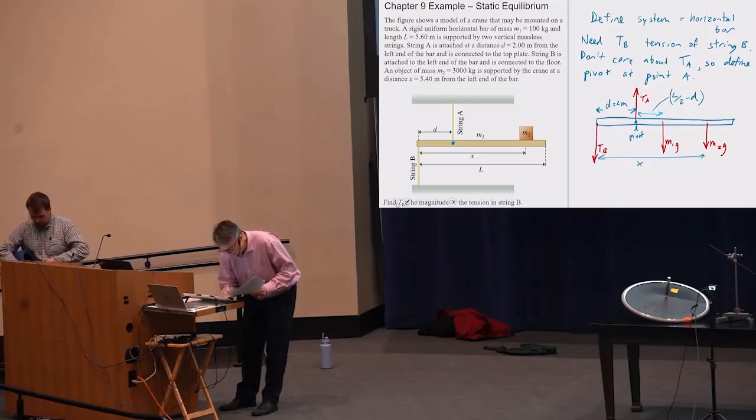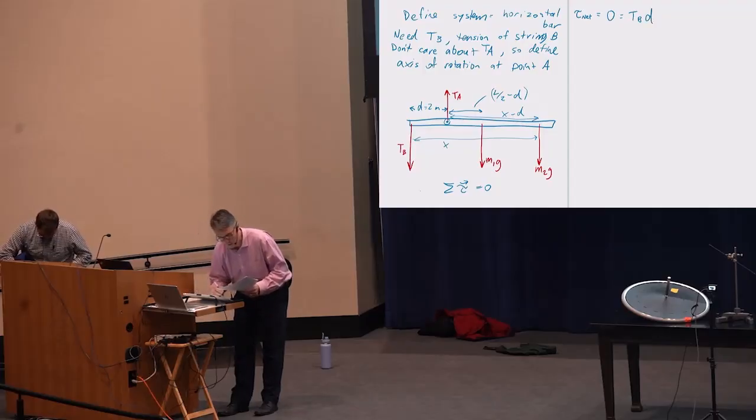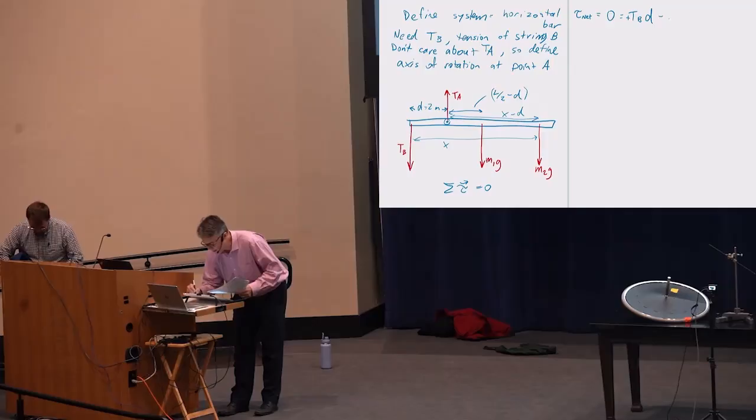So we can now do the torque net equals 0 equals plus TB times D. That's a counterclockwise torque. The gravities are both clockwise, so minus M1G times L over 2 minus D. That's the lever arm.